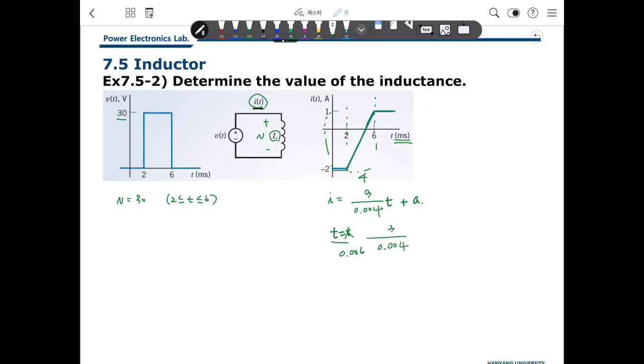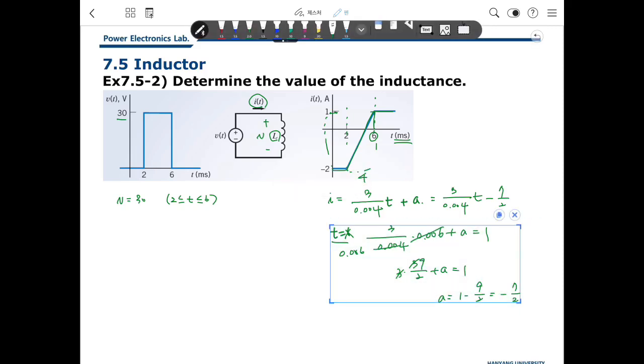So 3 times 0.006 plus a should be 1, because at 6 this is 1. So 3 times 2 is 6, and 6 plus a will be 1. So a is 1 minus 9 over 2. So there will be new values, so it will be 0.004 times 3t minus 7/2. Okay.